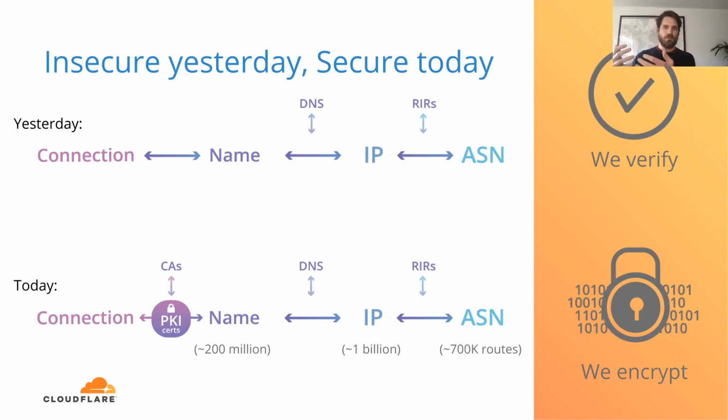If you look at this kind of diagram, when you want to make a connection between a client and a server, you have the name, and then you have the name resolution using DNS to an IP, and then you have the IRRs, and then you resolve to an ASN. But right now we have an entire infrastructure setup which provides encryption and verification of all of that initial setup. And we now even have RPKI and IRR entries to make sure that that IP to ASN mapping even works.